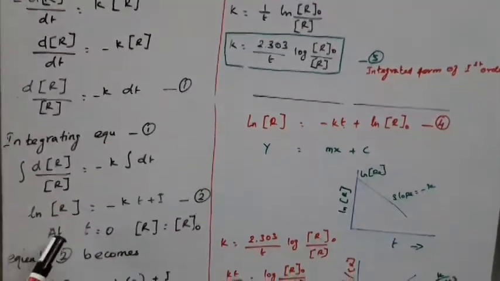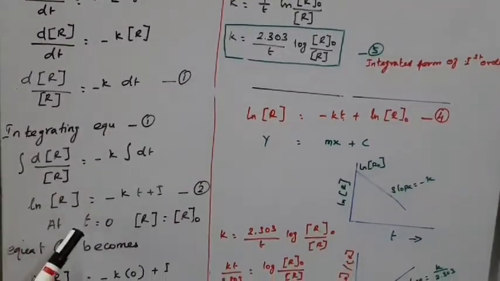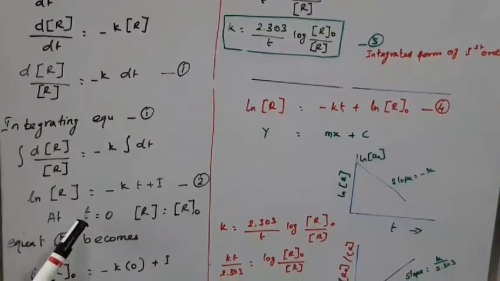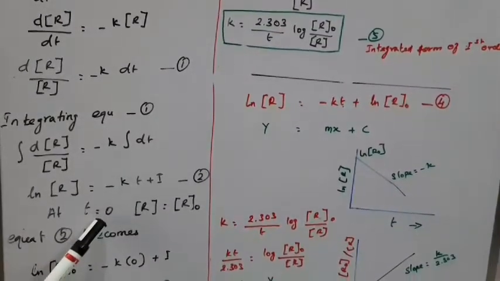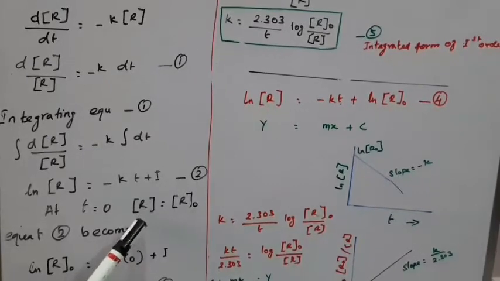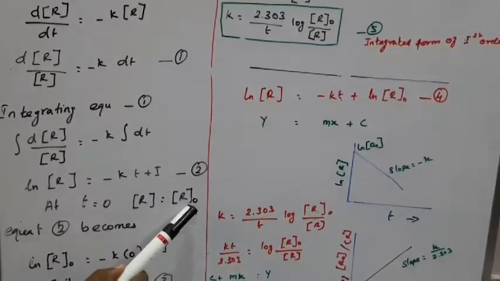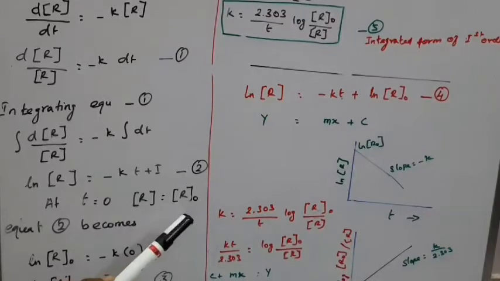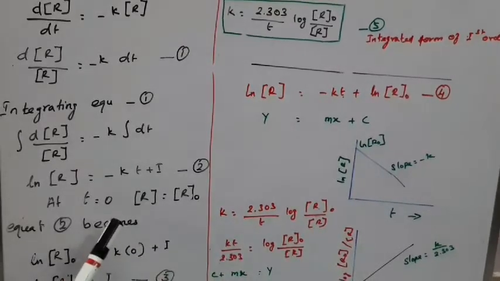Now in the above equation, at time t equals 0, the concentration is R0. R0 is the initial concentration at time 0.